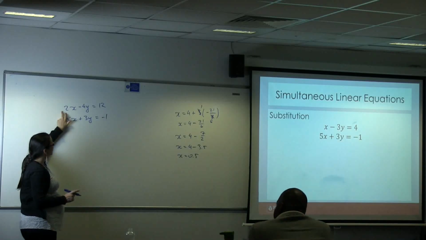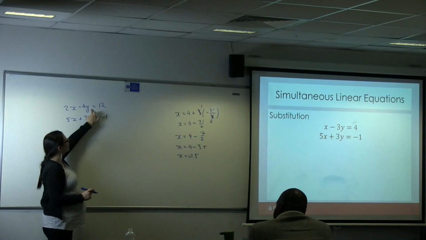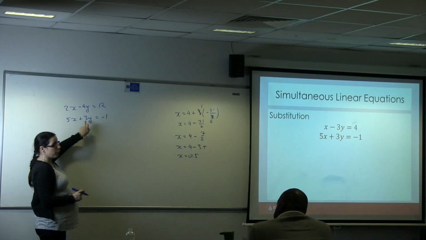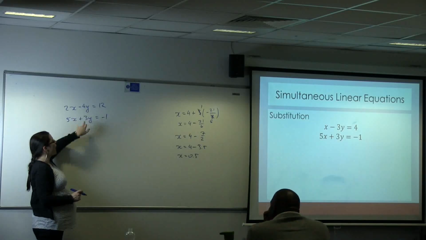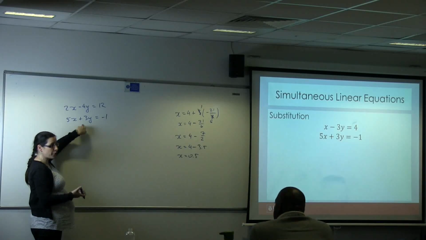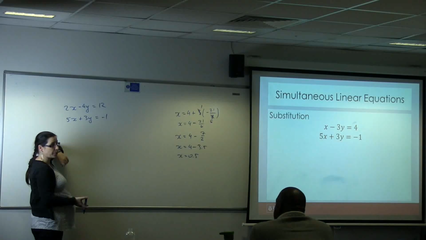Or I can multiply this equation by positive 3 and this equation by positive 4, and then I would end up with minus 12y and positive 12y. And again, I would have the same coefficients, and then I could do the elimination. So I can always do the elimination.